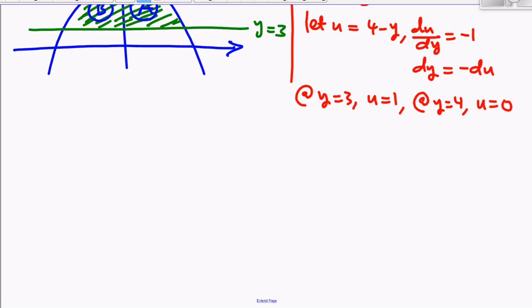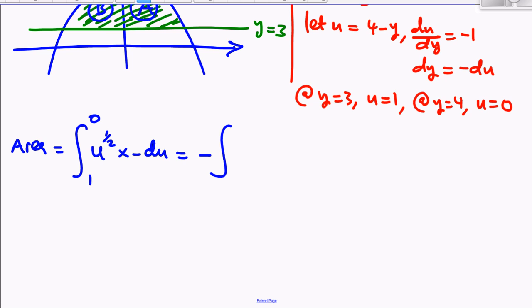So the area will be the integral from 1 to 0 of u to the power of a half multiplied by negative du. That will be negative. I can just go ahead and integrate this.